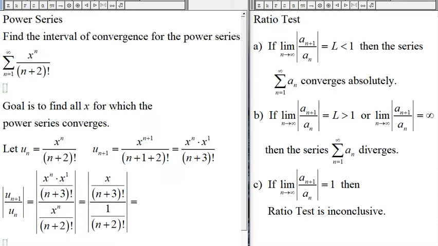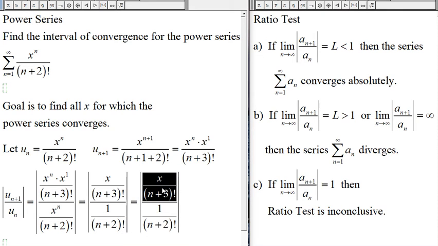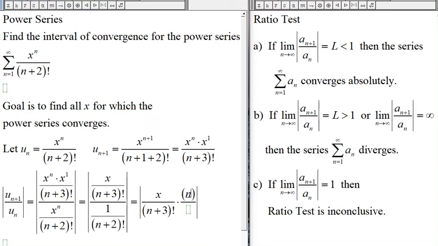And then this becomes this. And so it would be x over (n plus 3) factorial, and then dividing by 1 over (n plus 2) factorial is the same as multiplying by the reciprocal. So it will be (n plus 2) factorial divided by 1.